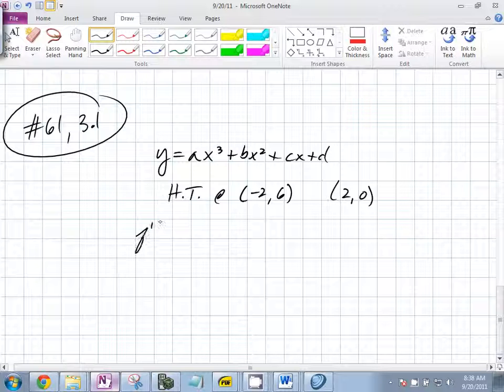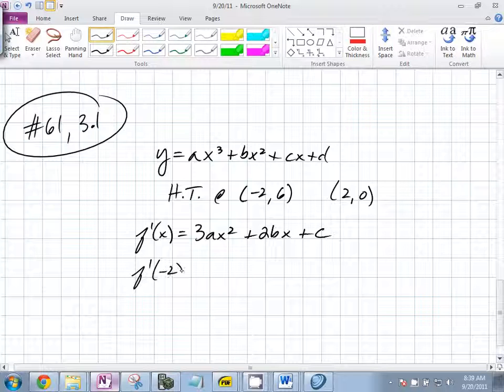What is f prime of x going to be? 3ax squared plus 2bx plus c. And when you plug in -2, what should you get out? 0. So f prime of -2 has to be 0. No, the function evaluated at -2 is 6. The derivative evaluated at -2 is 0.